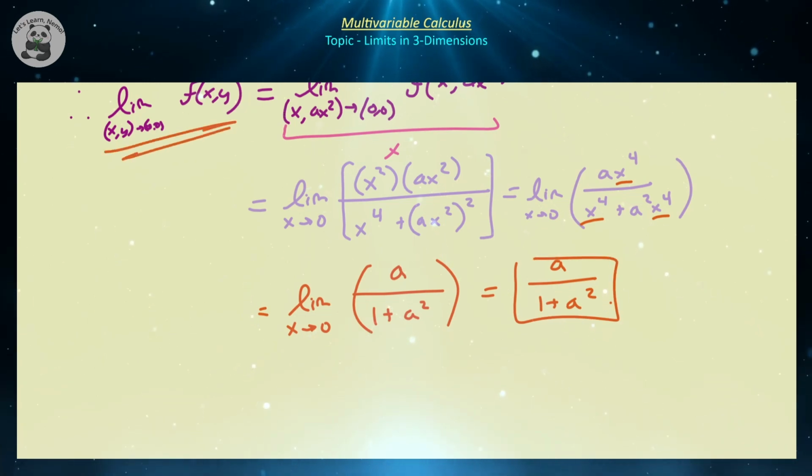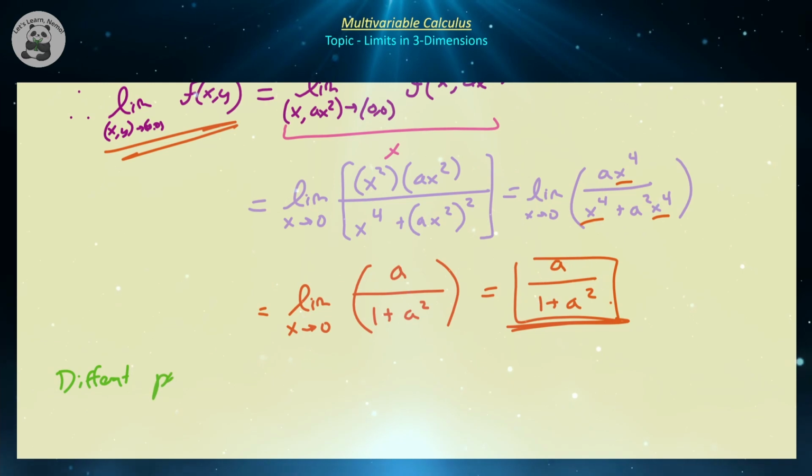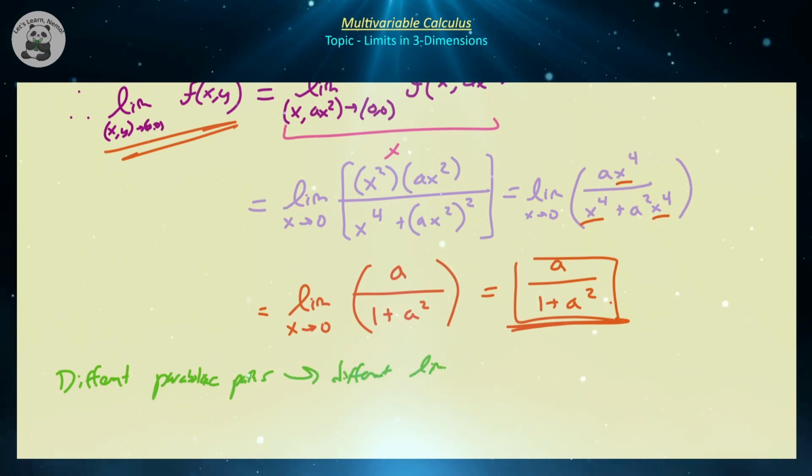So the limit of this function is a statement that is a function of a. If you have different a's, you get different limits. So different parabolic paths give you different limit values.